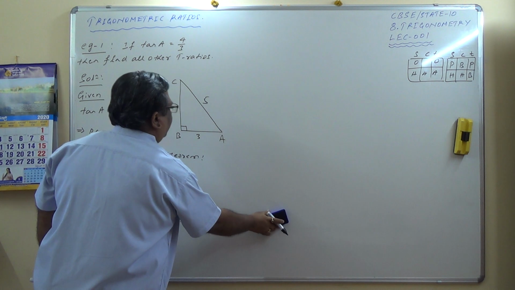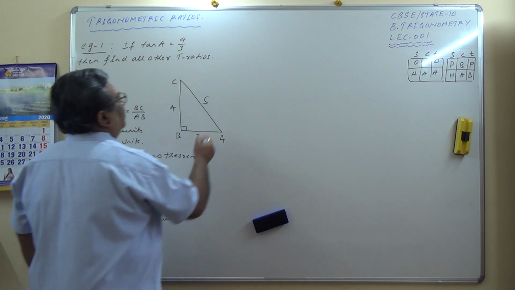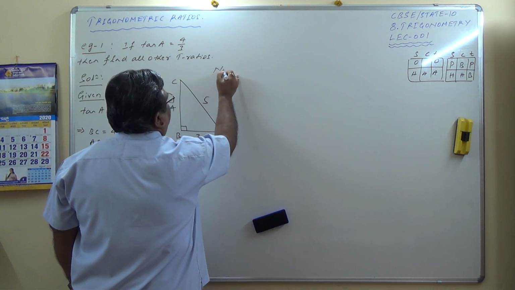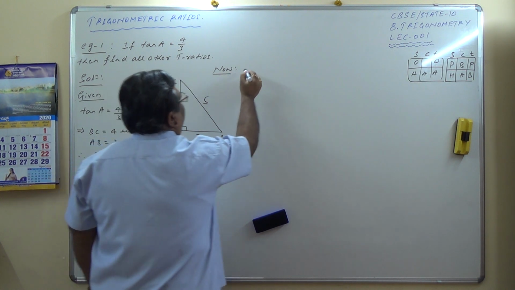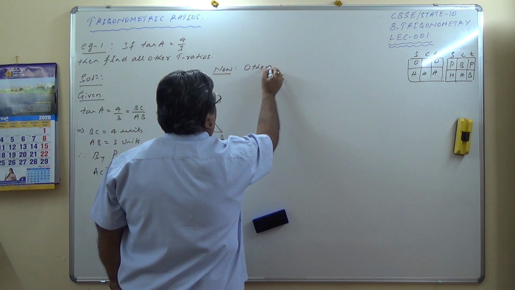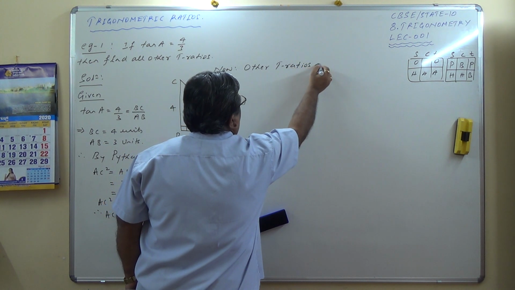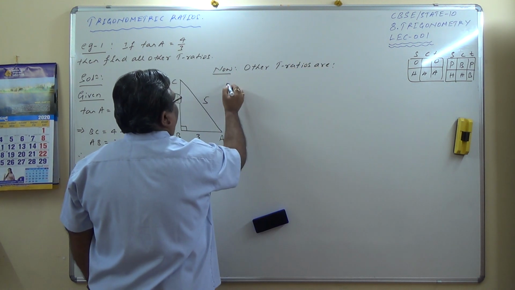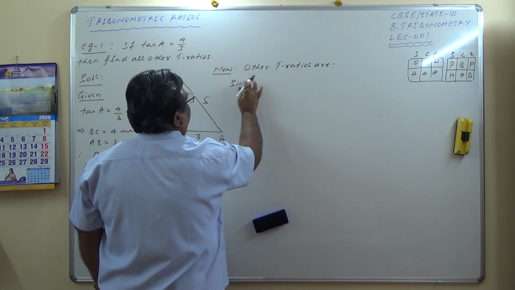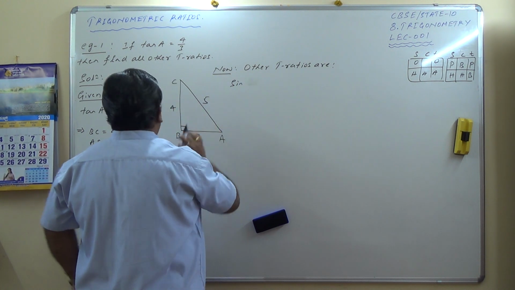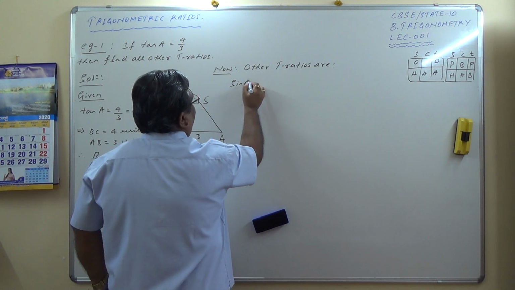Now let us find out all other ratios. Other trigonometric ratios are, first one, sine A, because tan A is given, sine A we have to find out.